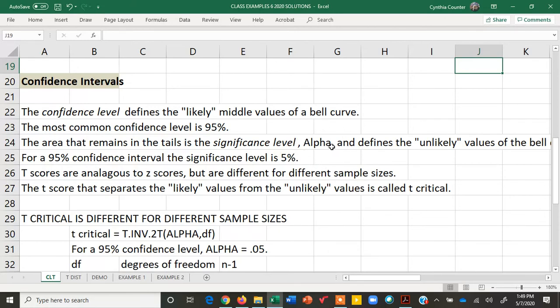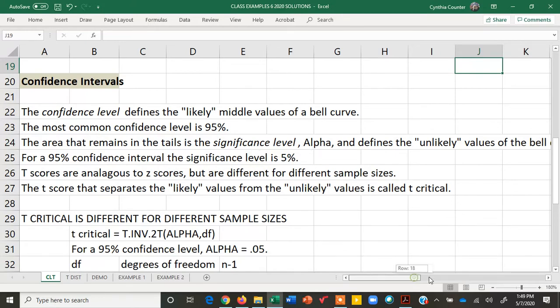That's why I'm calling it alpha. It looks sort of like a little a or a little fish. That defines the unlikely values in that bell-shaped curve. So if we're working with a confidence interval of 95%, well, then our significance level must be 5%.